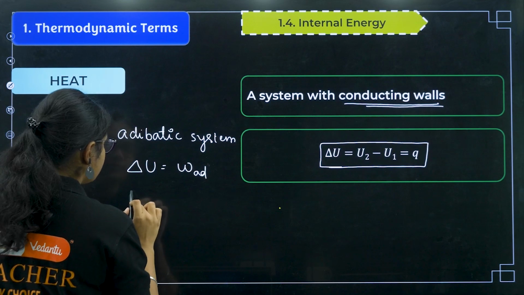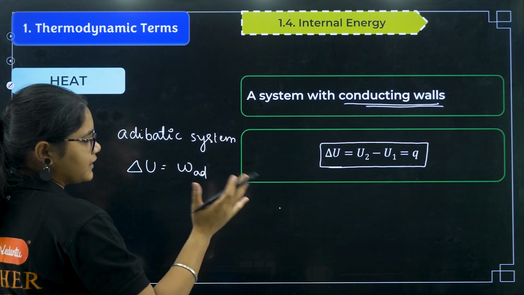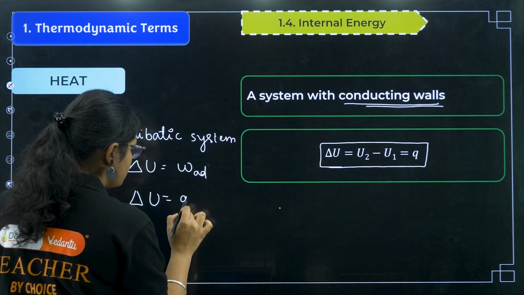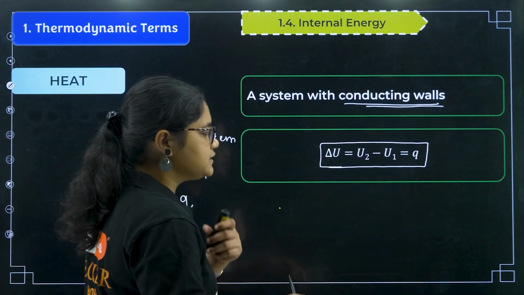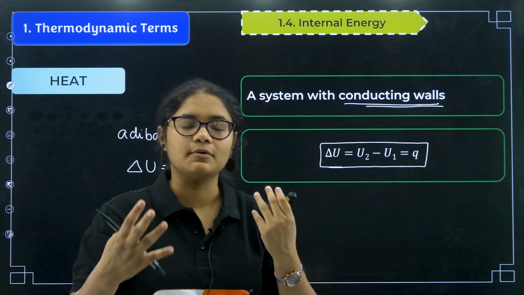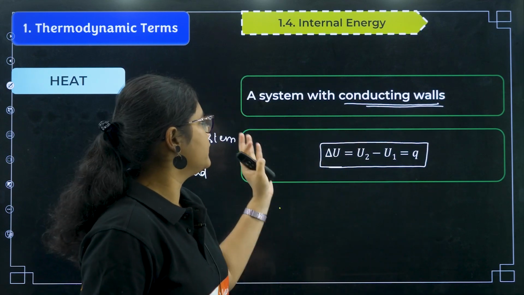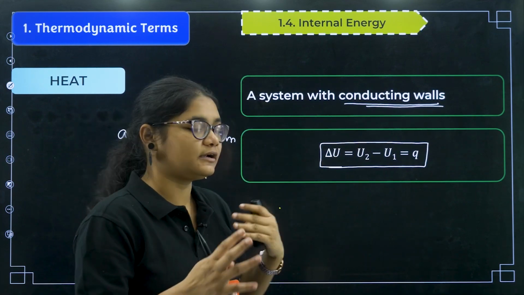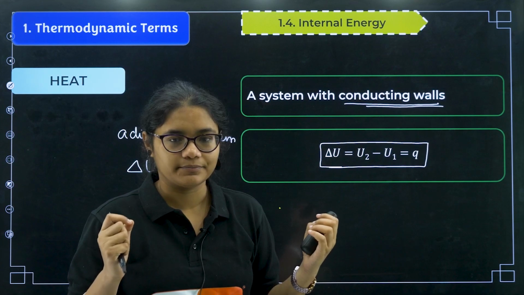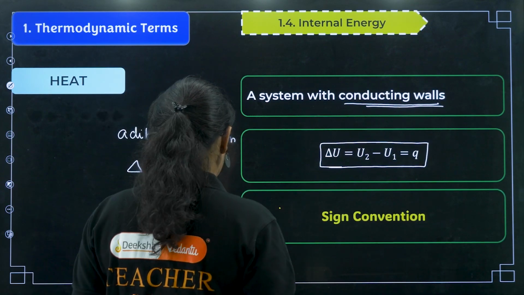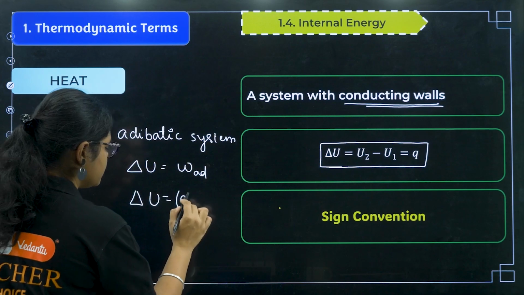Now if you have this type of system where there are conducting walls, in that case delta U is equal to Q. How much heat you provide, that much amount of internal energy will change. So by heat you are trying to change the internal energy. Here also we have a sign convention. Q stands for heat.